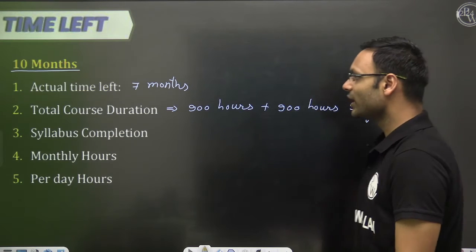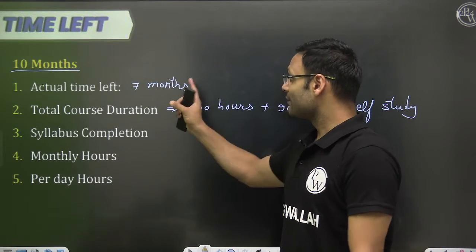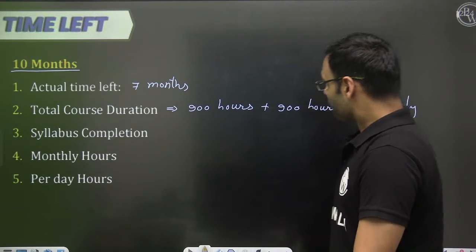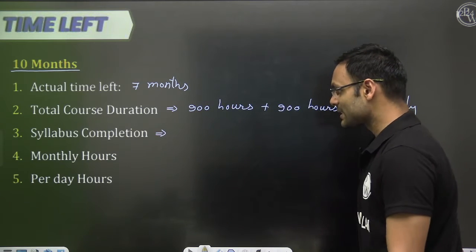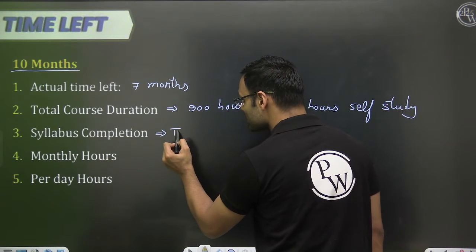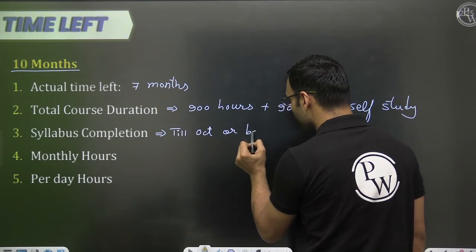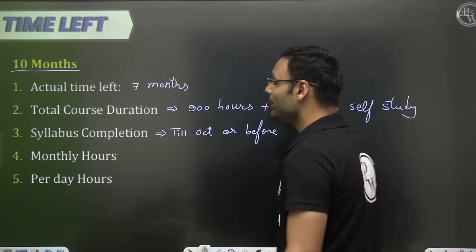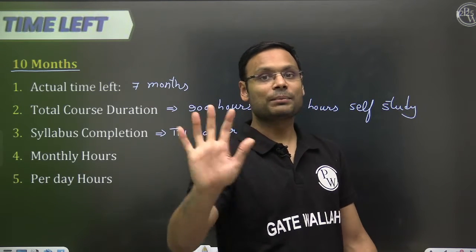So approximately 1800 hours you will have to spend over the 7-month duration. So syllabus completion you should have in 900 hours. Yes, and I will suggest by October or before. Even before, if you can do that, that will be amazing. I will be happy if you can finish the syllabus in September itself.